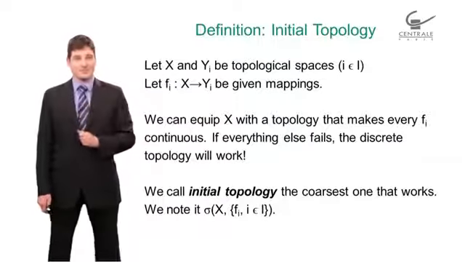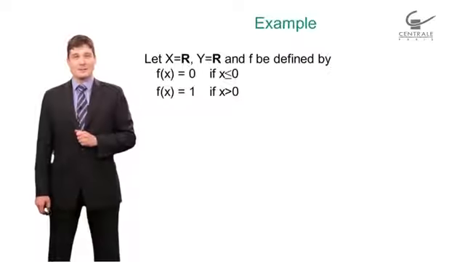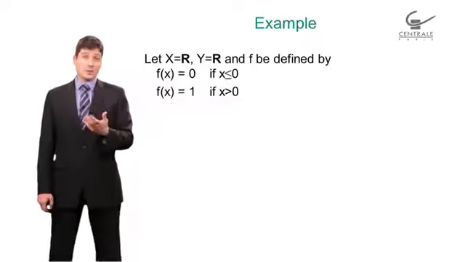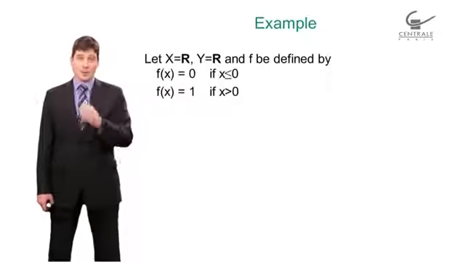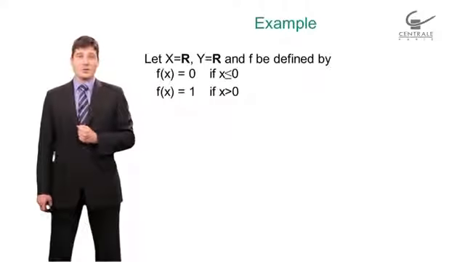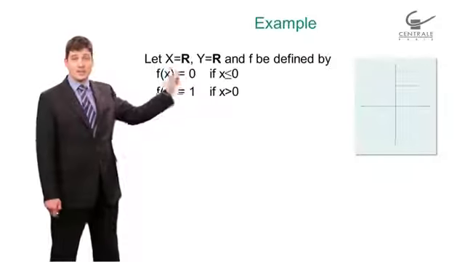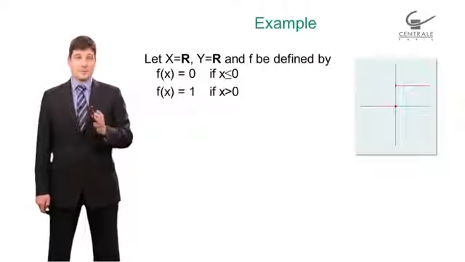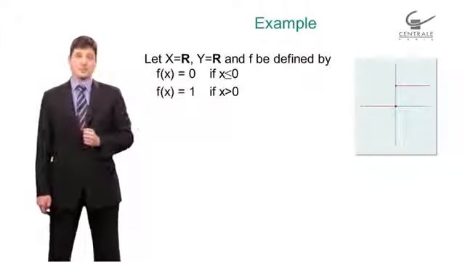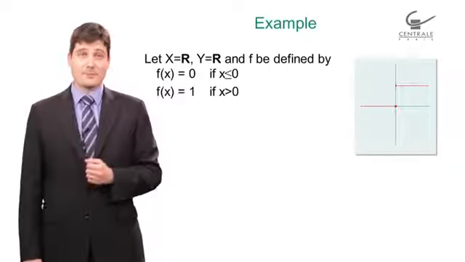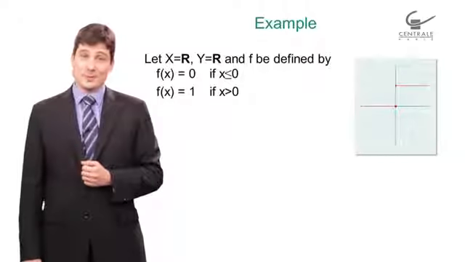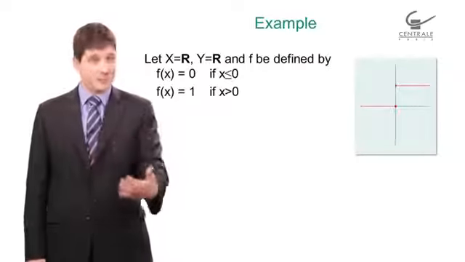Now it's time for the example. Let me choose I with only one element. So I have one function, and this function is 0 from minus infinity up to 0 included, and 1 from 0 excluded to plus infinity. So this function f, if you do calculus, you know is discontinuous.